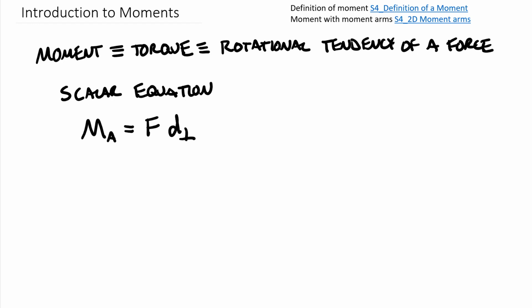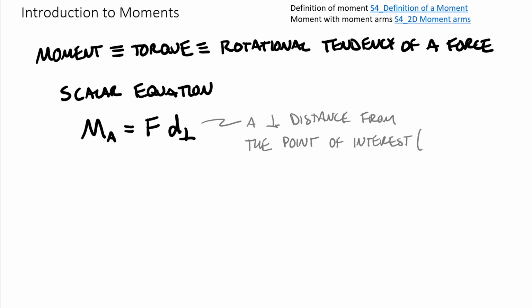And so this d perpendicular is defined as a perpendicular line, a perpendicular distance from the point of interest.